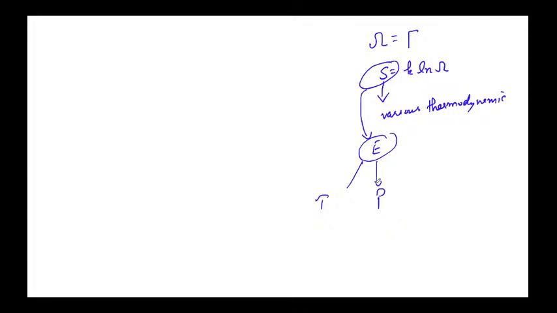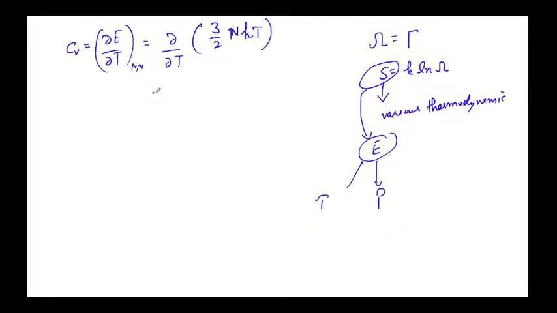So similarly you can derive the value of specific heat of the system, that is ∂E/∂T. It comes out to be of the order of 3/2 nk, or you can write it in terms of 3/2 nR, because nk is n into Avogadro number times k.